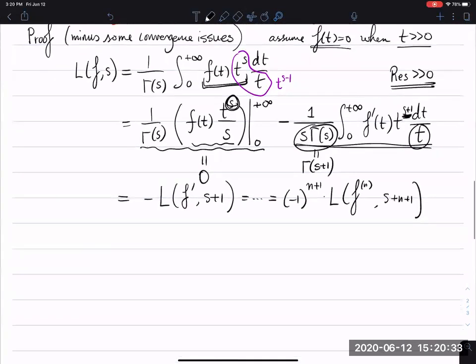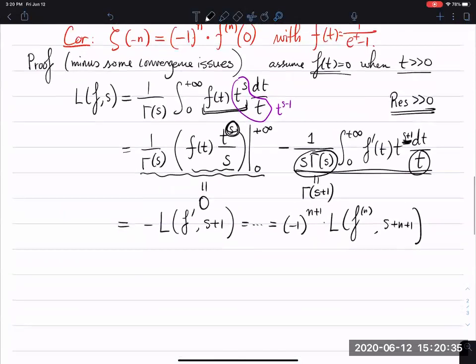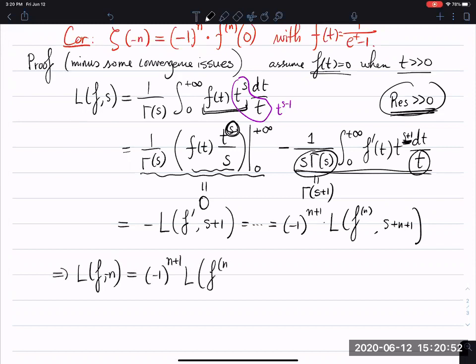Now by continuation, you can show that this holds even without this condition. Therefore, L(f) evaluated at negative n will be the same as (-1)^(n+1) times L of f's (n+1)th derivative evaluated at 1.